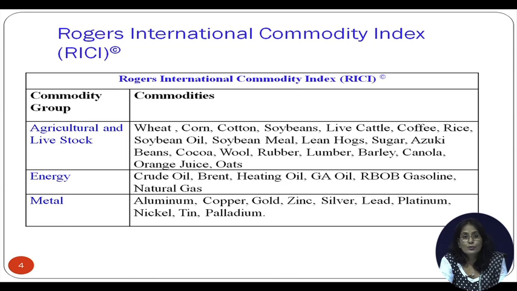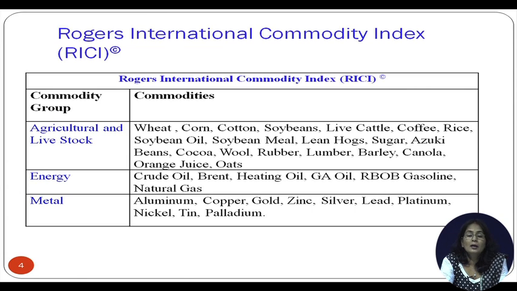If you are interested to know more about Jim Rogers, you can watch some YouTube videos of his views on where commodity prices are going. It is a very interesting way of analyzing the fundamentals of a particular commodity.